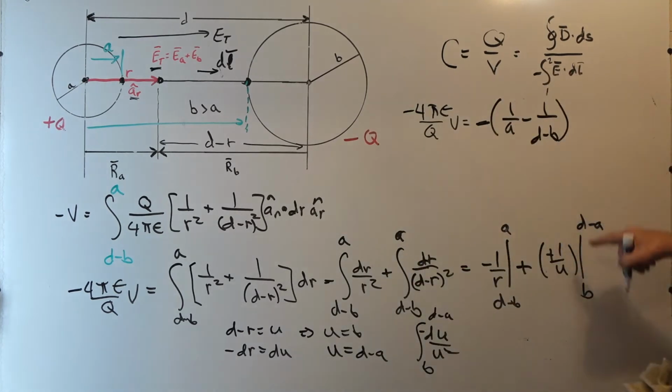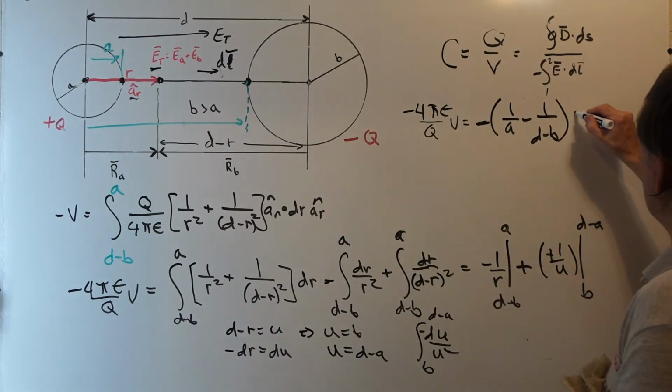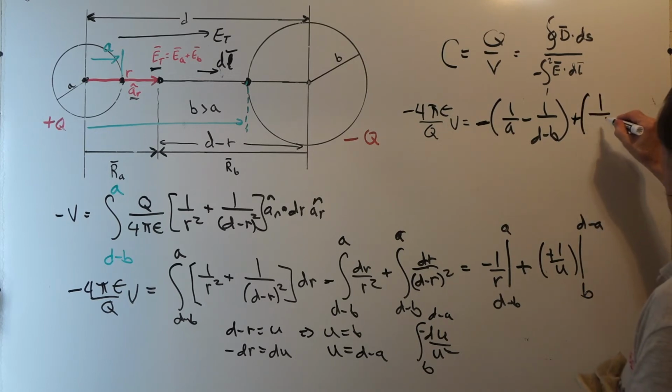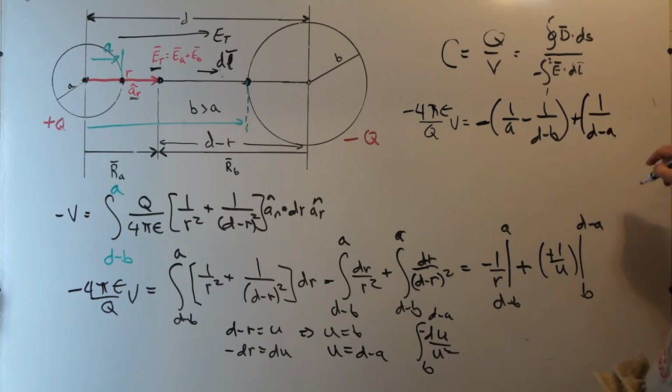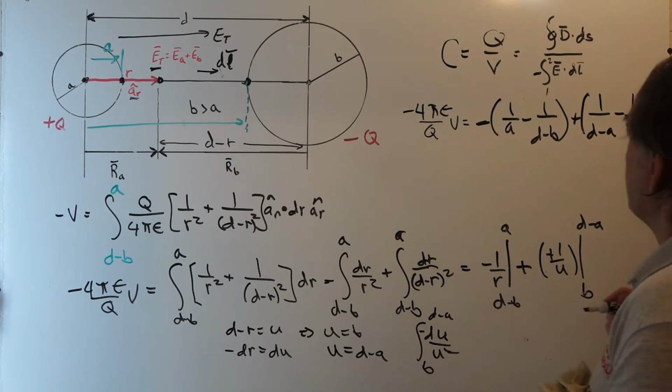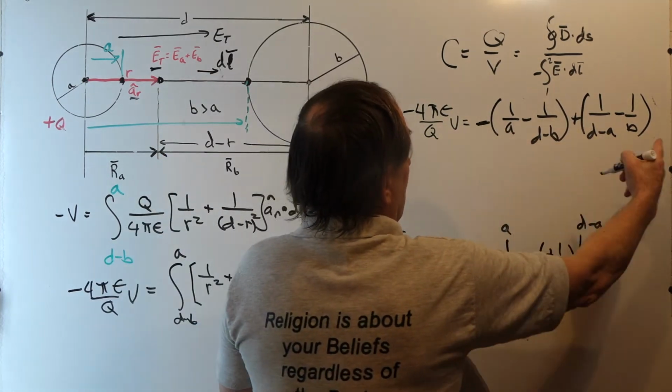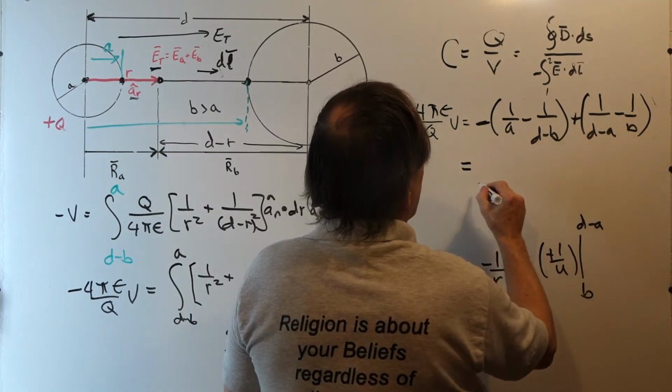And then from this integral we have the upper limit 1 over d minus a minus 1 over b. I'm going to move the minus sign through.